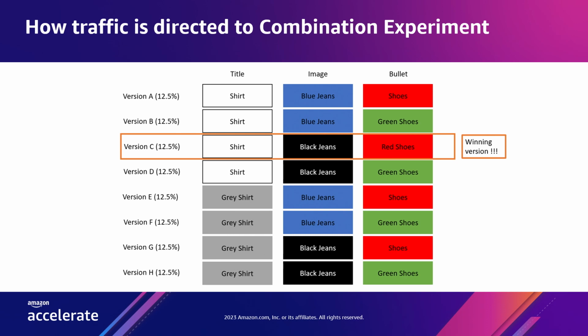And the way this works is the multi-attribute algorithm will converge towards the winning combination over time in order to minimize loss and sales. So for example, if version C is clearly driving the most sales, it will receive a higher allocation of customers, and combinations with less conversion will receive a lower allocation over time.